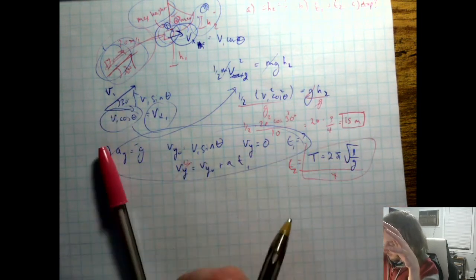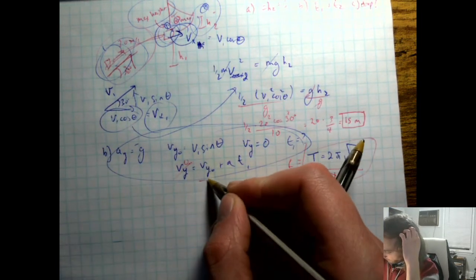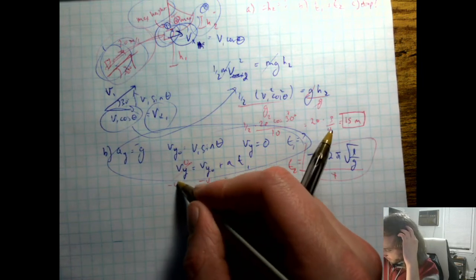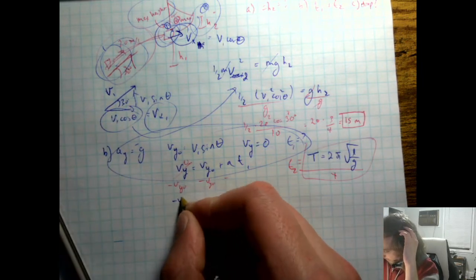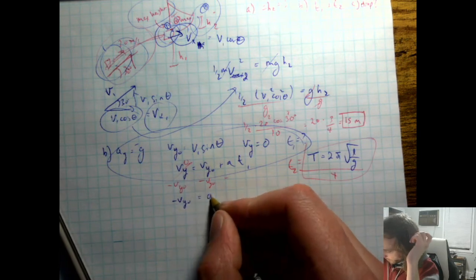So setting up our stuff for time 1, our final is 0. If I subtract off vy0 from both sides, we'll get negative vy0 equals at.